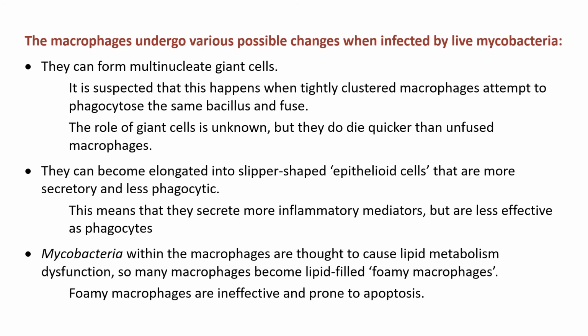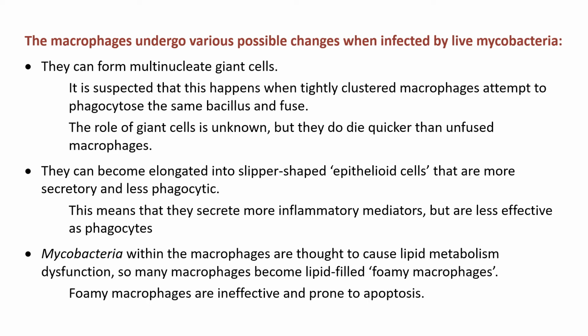Now, the key thing really is that, and this will all start to sound rather familiar in terms of atherosclerosis, although the mechanism is different. In mycobacteria, when they're within the macrophages, they are thought, and we will come back to this as a pathogen mechanism as well, to change the metabolism of lipids within the macrophage.